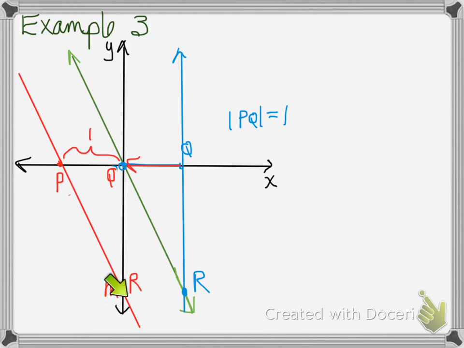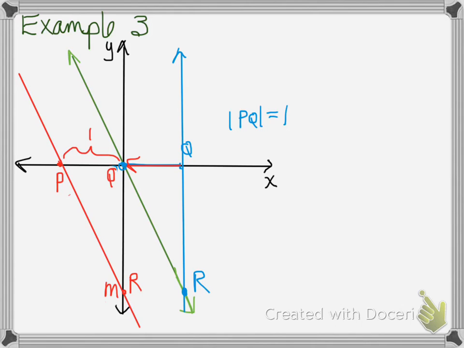It intersects the y-axis right at the same place where this point R is over here. So this distance here is the value m. Okay, so the slope of our line here is m. So that's going to be our definition. Remember, that is only because this distance here is 1 and this distance here is 1.